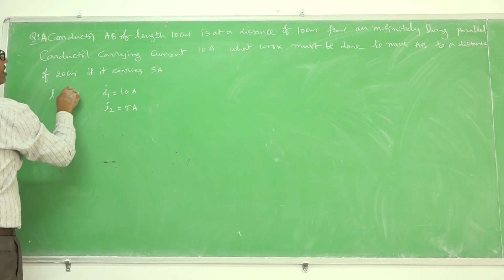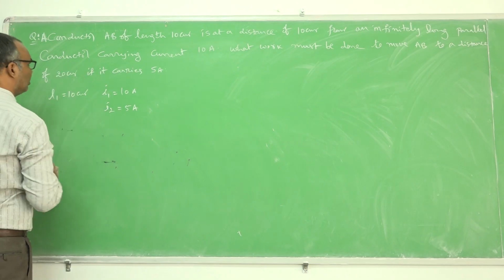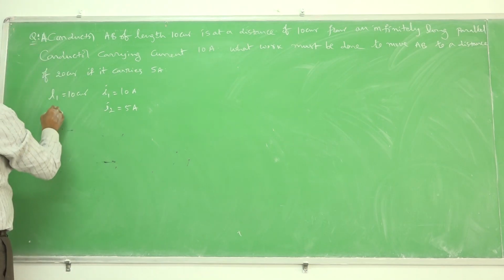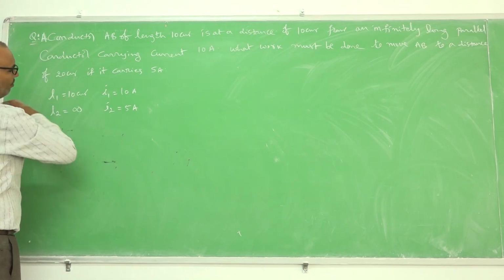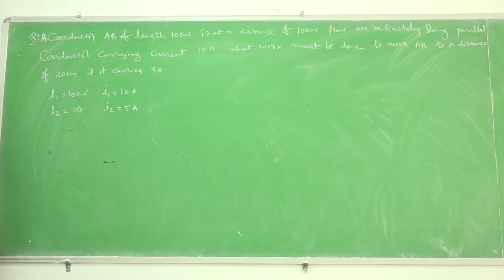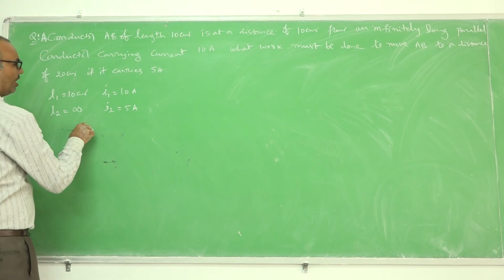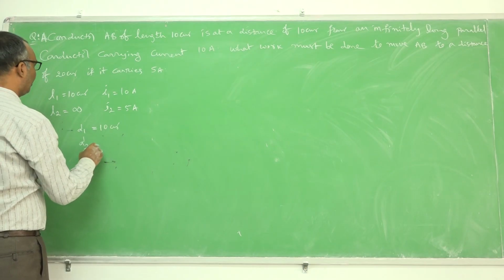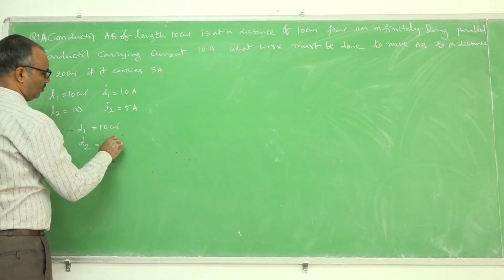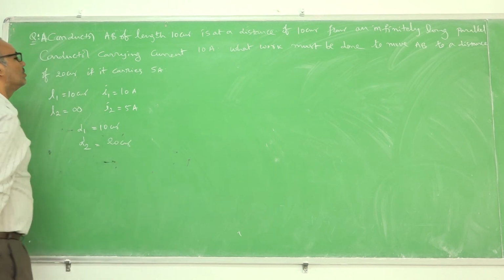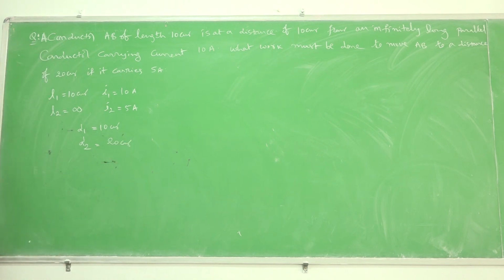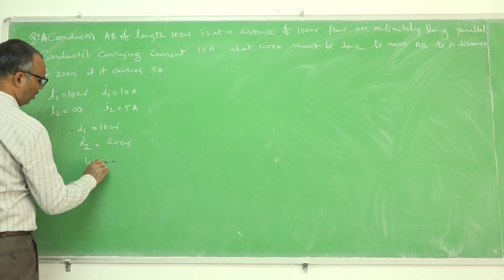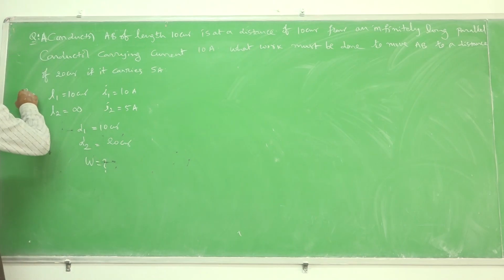Length of the first conductor is 10 centimeters. The second one has infinite length. Initial separation between the conductors is 10 centimeters. Final separation is 20 centimeters. What is the work done? You are asked to find the work done.